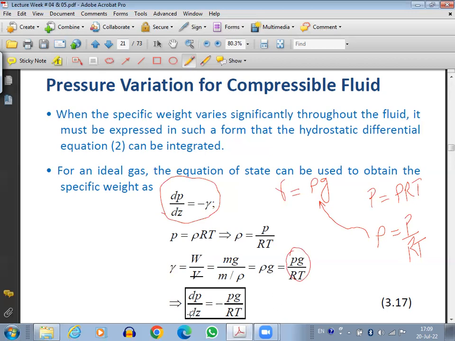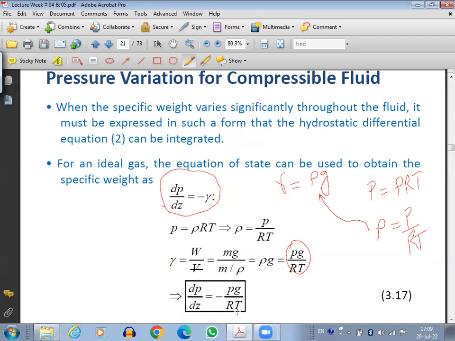So dP by dz equals negative PG upon RT. So the hydrostatic equation for pressure variation becomes this for the case of compressible fluids, where the ideal gas law is valid.